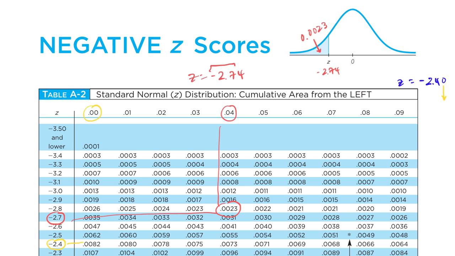The area on the left-hand side of the z-score is therefore 0.0082, and it is also the probability. And so again, the standard normal table only gives us the probability on the left-hand side of the z-score. And it only works for the standard normal distribution, with the mean of 0 and the standard deviation of 1.